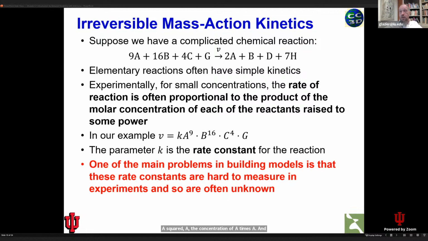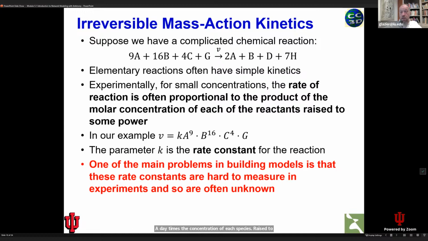And so the law of mass action says that the probability of a reaction occurring is proportional to a rate constant, some lowercase k, we're going to see lots of ks over the next day, times the concentration of each species raised to its stoichiometry.